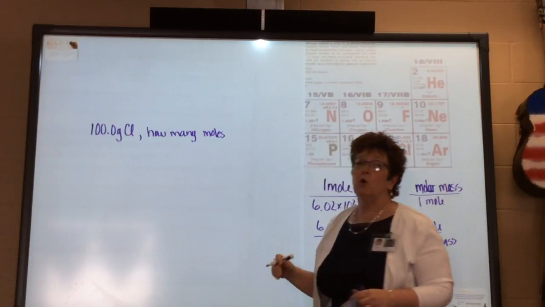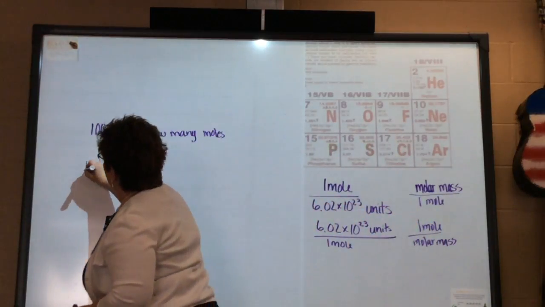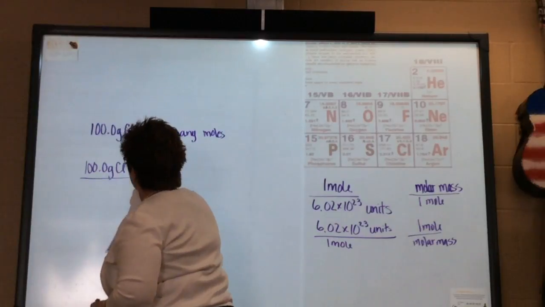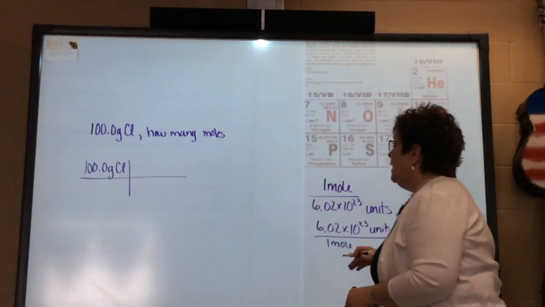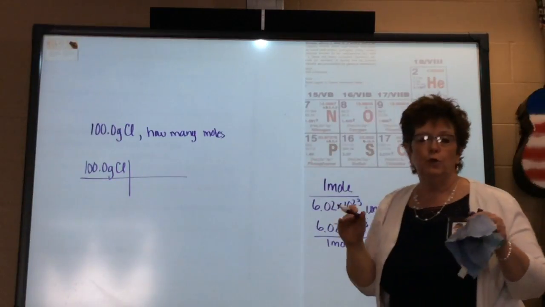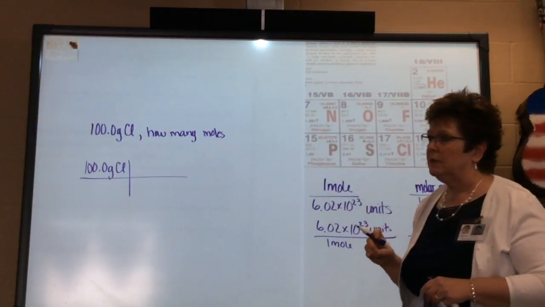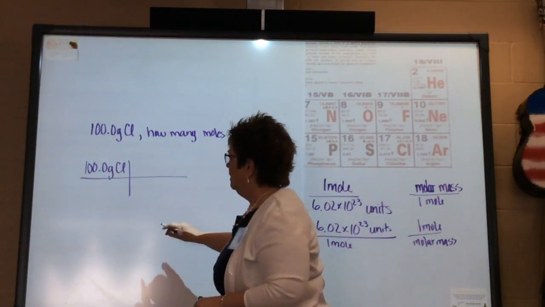When solving these problems, always start with the number that is given to you in the problem. So I have 100 grams of chlorine. I look for a factor conversion I can use. Now, because I have grams of chlorine in the numerator, I must consider that when deciding what factor conversion I'm going to be using. My factor conversion must have grams of chlorine in the denominator.